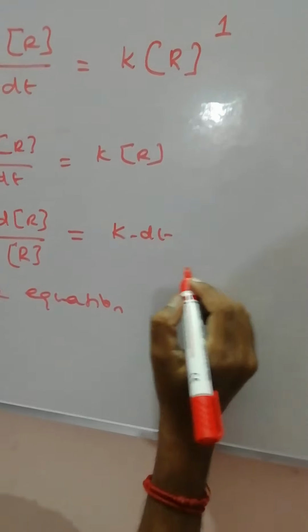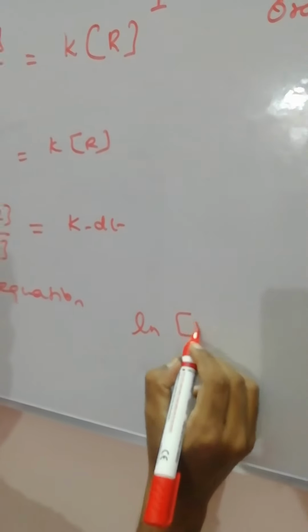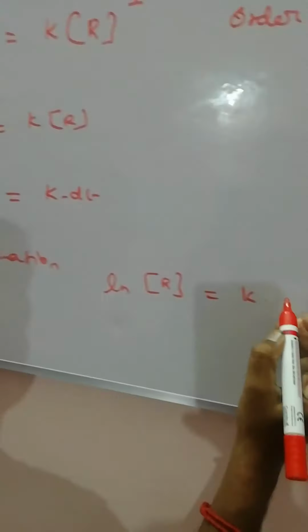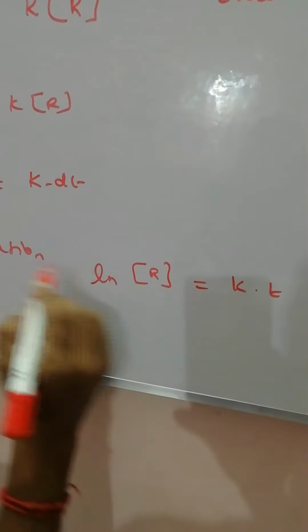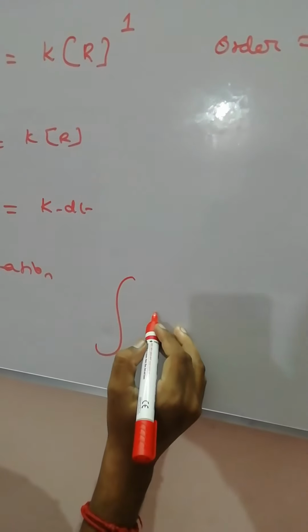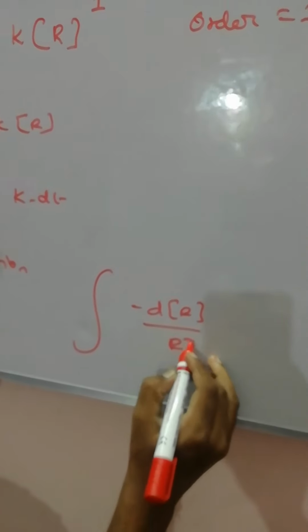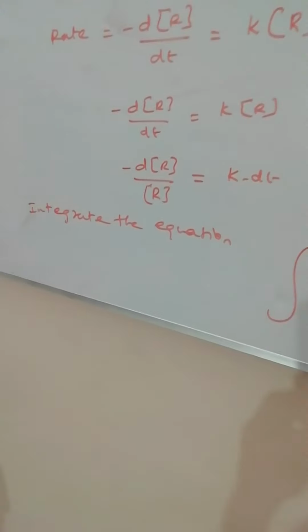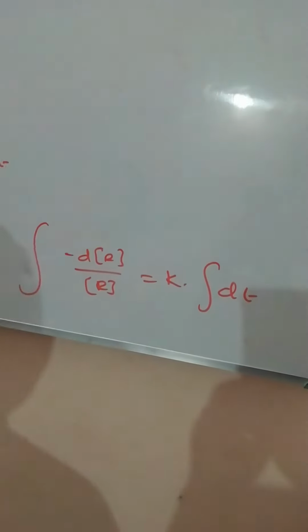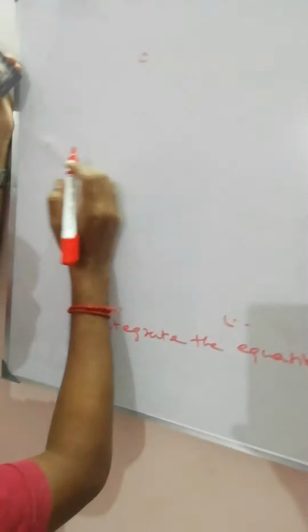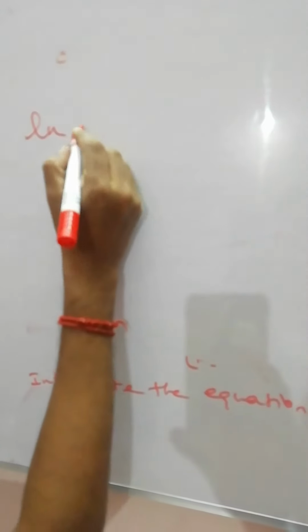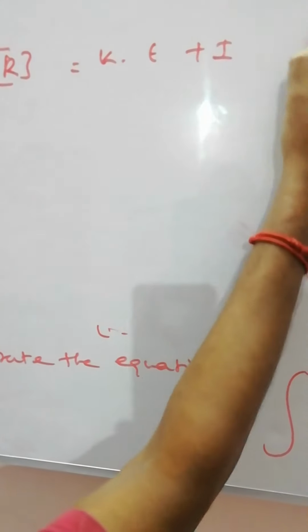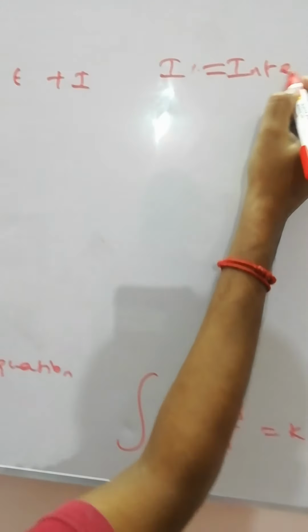Integrating the equation, we get ln R equals K into t plus I, where I is the integration constant.